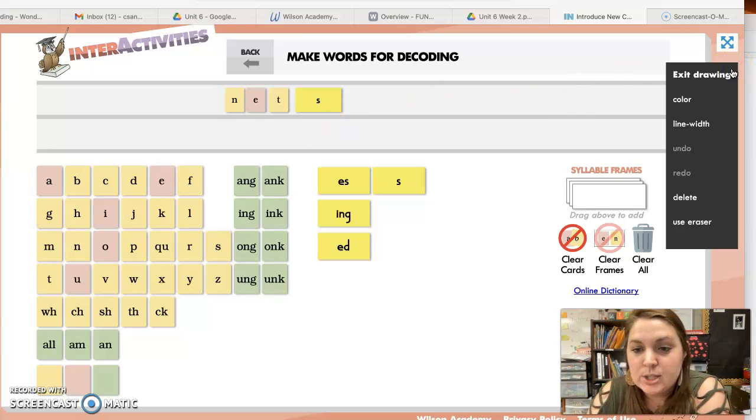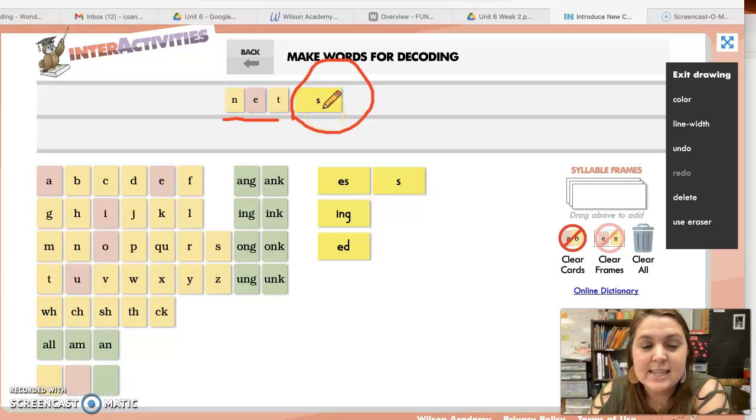I need to underline our base word. What is our base word? The base word is net. What is my suffix? The suffix is the suffix S. And what does this S say in nets? It says the S sound. So I'm going to write an S above it. Great job.